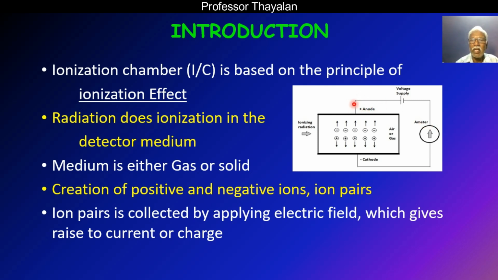This electrode is called the anode, the other electrode is called the cathode. Because of the electric potential, the negative ions move towards the anode and positive ions move towards the cathode. They constitute a current in the circuit which can be measured. The measured current is proportional to the radiation intensity. This is the basic principle of the ionization detector.